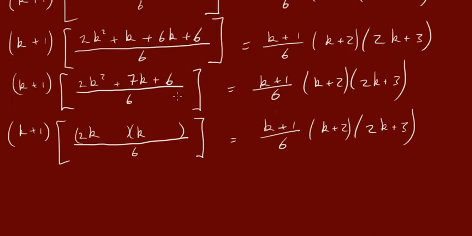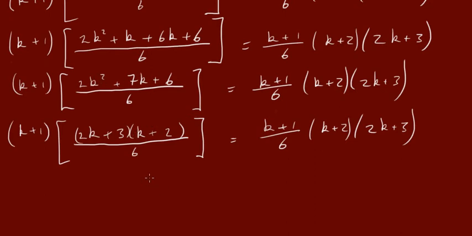Now let's see, 2 times 3 will give me 6 anyway. So if I look at the right hand side, I need a 2k plus 3. So let's just put that in there and see, does that work? And I've got a k plus 2 here. Let's see, does that work? Well, 2k times k will give me 2k squared. Plus 3 times plus 2 will give me the plus 6. And then 3k plus 4k will give me 7k. So this works. These are the factors of this quadratic up here.